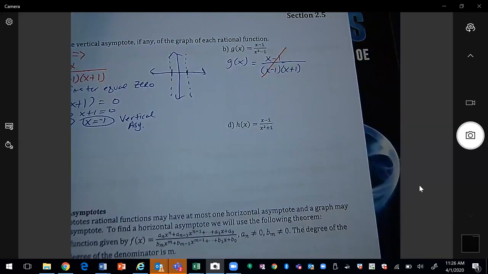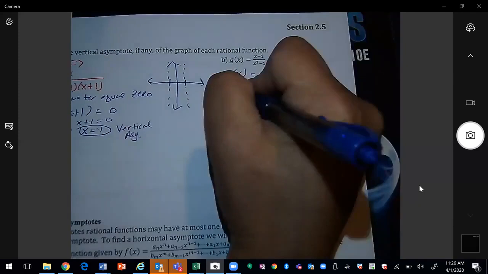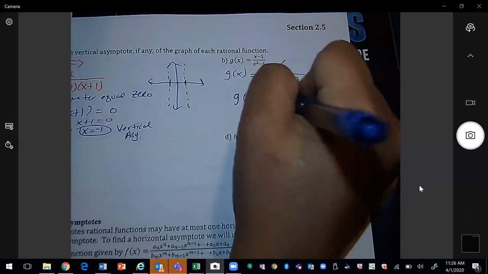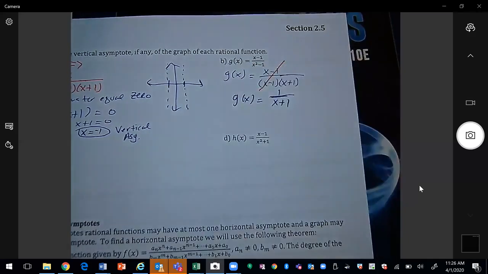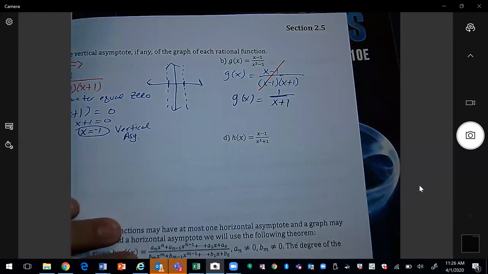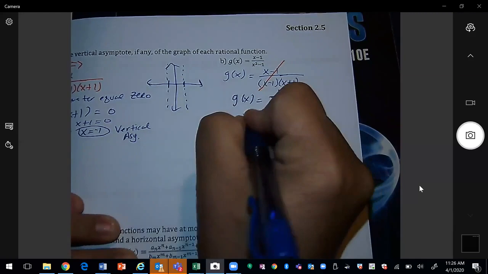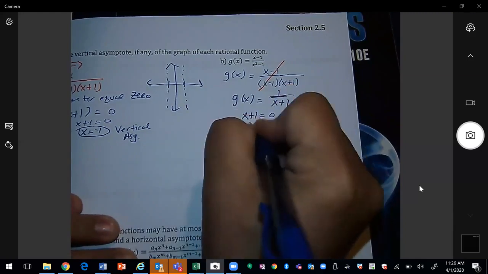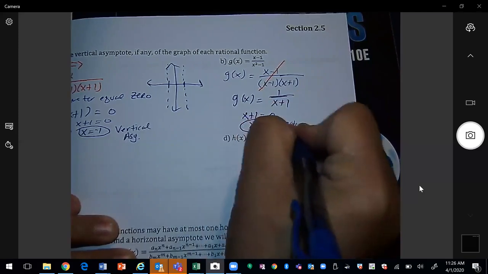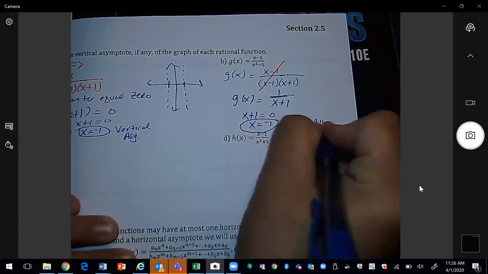And so after canceling, I'm left with g of x is equal to 1 over x plus 1. Okay, so now we can set the denominator equal to 0. So x is equal to -1. This is your vertical asymptote.